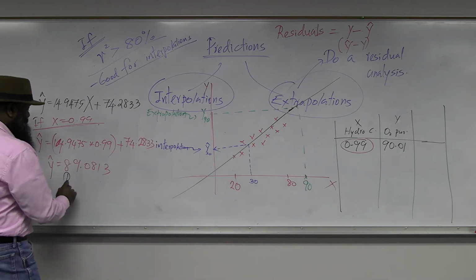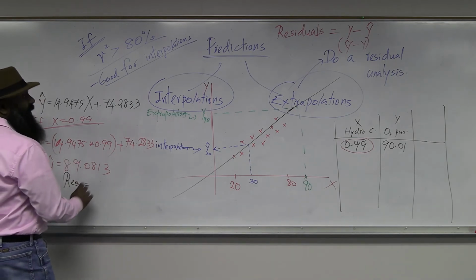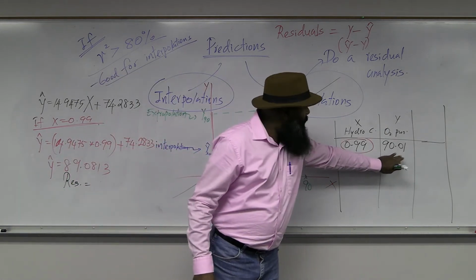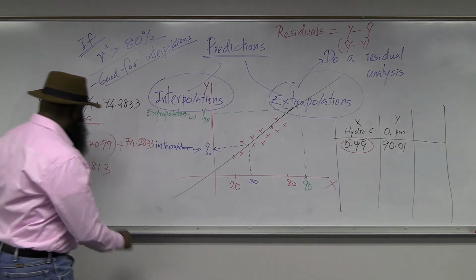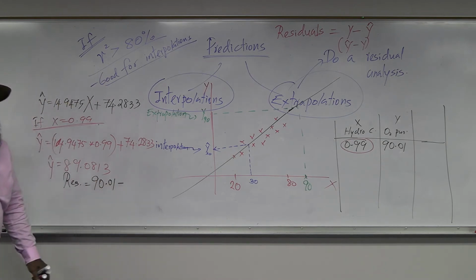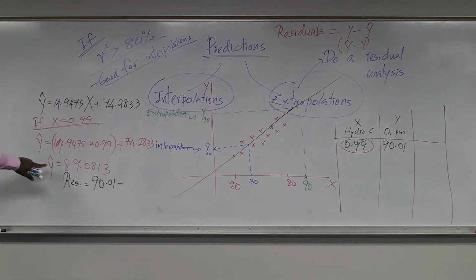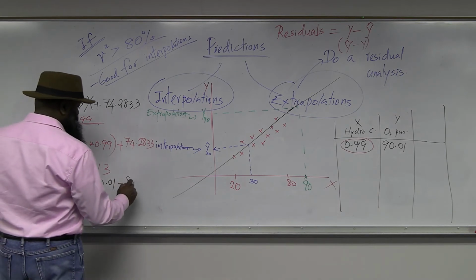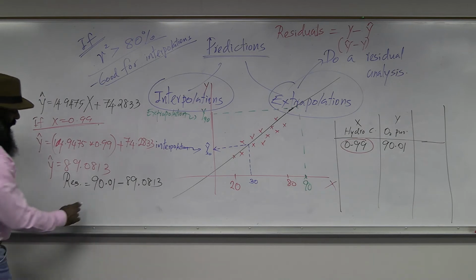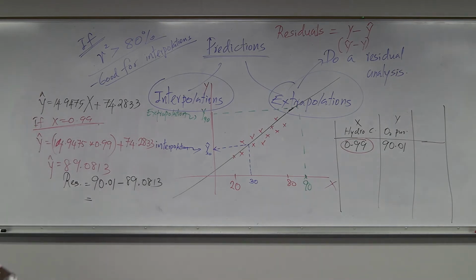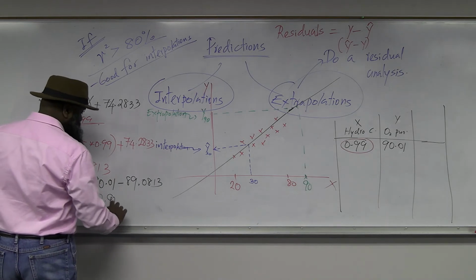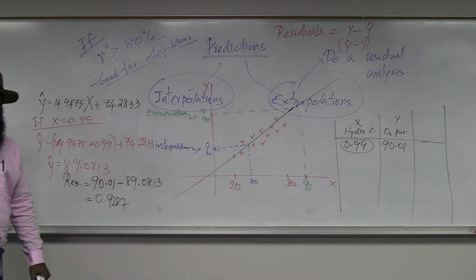Residual for the first data point should be y minus y hat. So the y value is from the table, 90.01, minus the y hat value is equal to 89.0813. So you can obtain that answer. So I got 0.9287. So that's how the residuals are calculated.